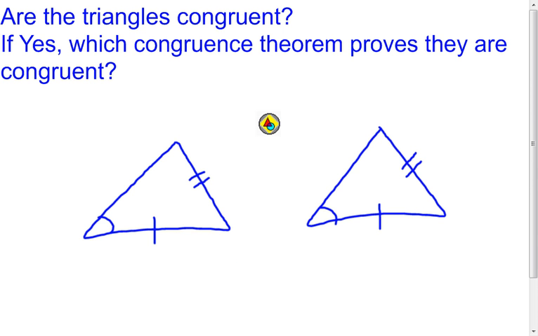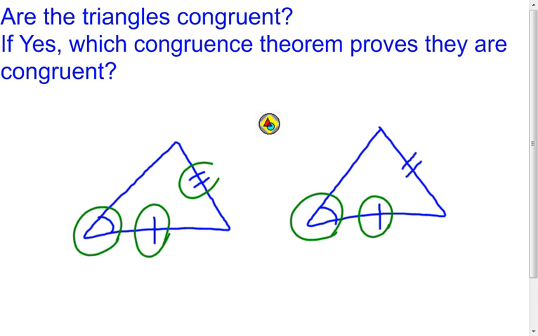And then my last one here, I have an angle, I have a single tick, so I have a set of sides, and I have side and side there. So you look at it, and again, at the beginning it looks like, yep, this is going to work, because sometimes people will go side, angle, side.